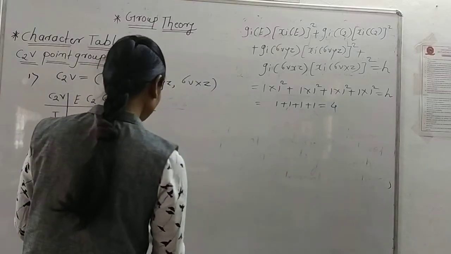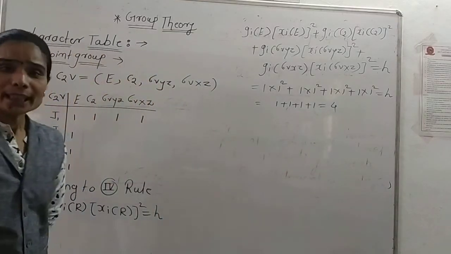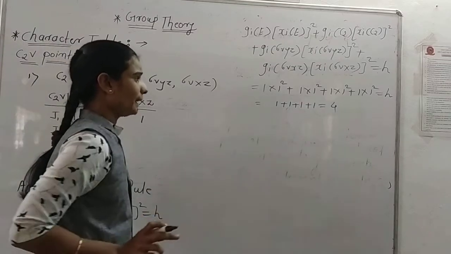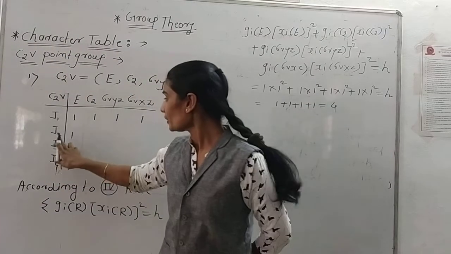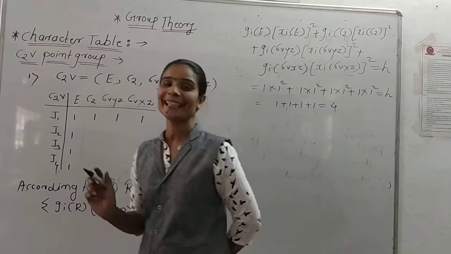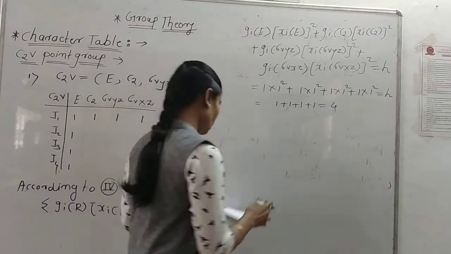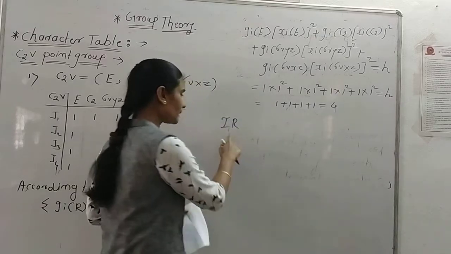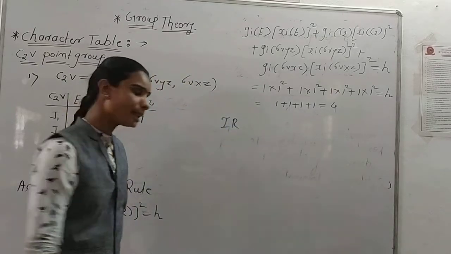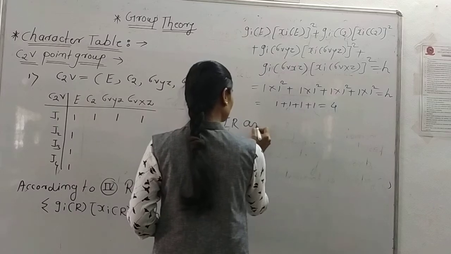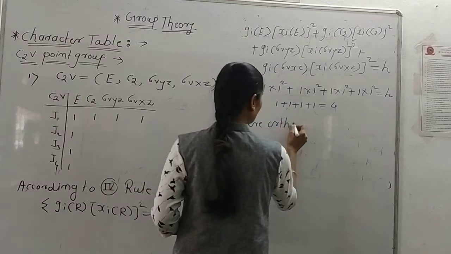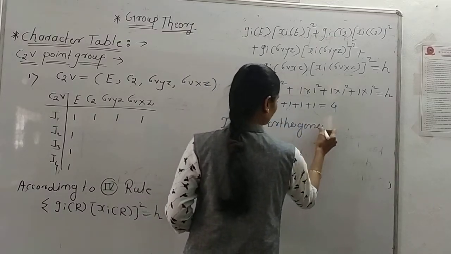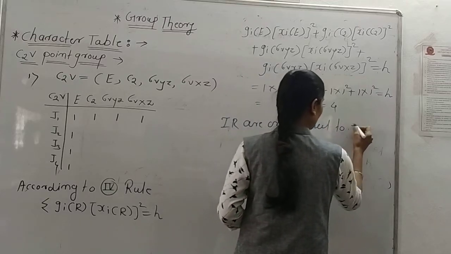Okay, now we already said that these irreducible representations for the symmetry elements are orthogonal to each other. This IR is nothing but irreducible representation, orthogonal to each other.